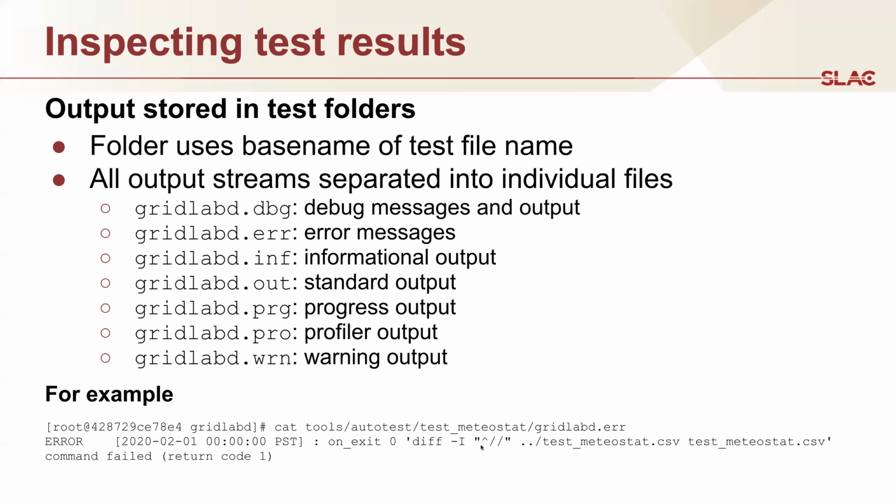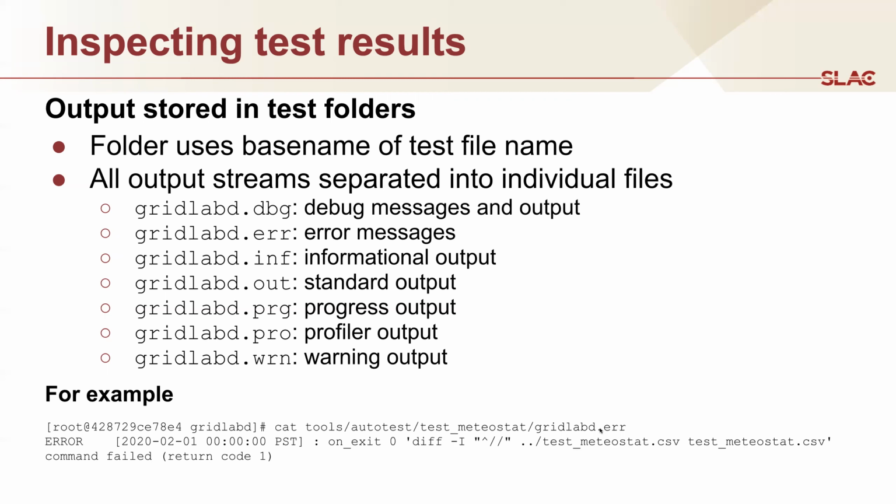In this case, it looks like it's testing the exit on exit 0. So the exit condition successfully ran the simulation and is now comparing the output file, and it notices that the files are different. What that's saying is that the test that I ran generated an output that was not the same as the original output that was expected.